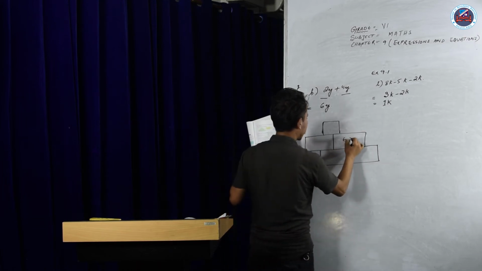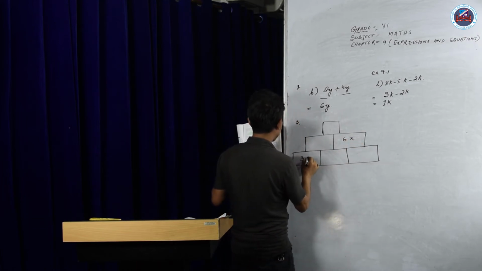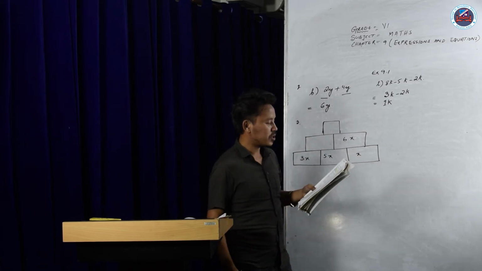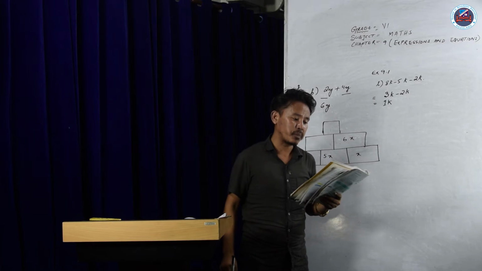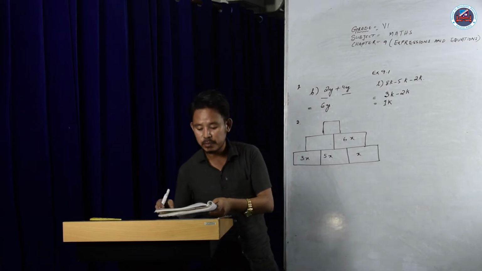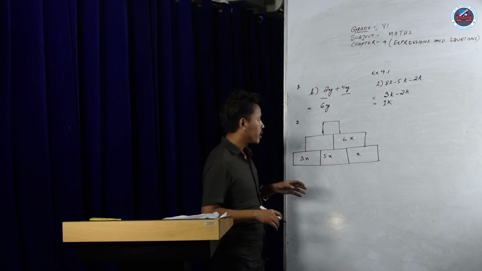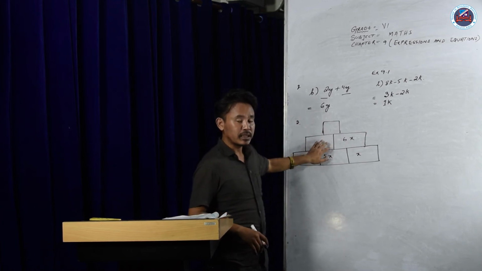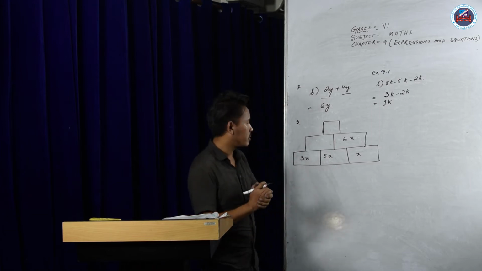We have a 6x. Here we have 3x, 5x, and x. The question here is, in an algebraic pyramid, you find the expression in each block by adding the expressions in the two blocks below it. Copy and complete these pyramids. So the answer for each block will be the sum of the two blocks given below.